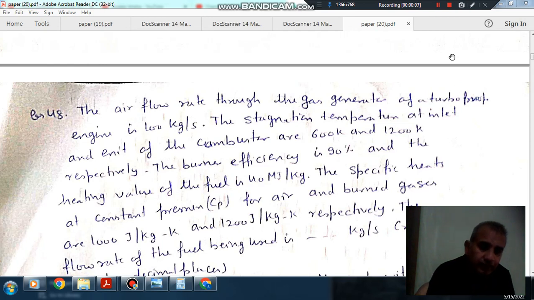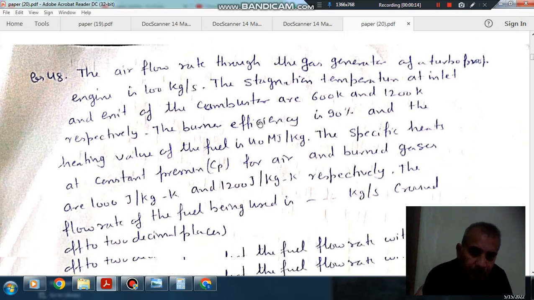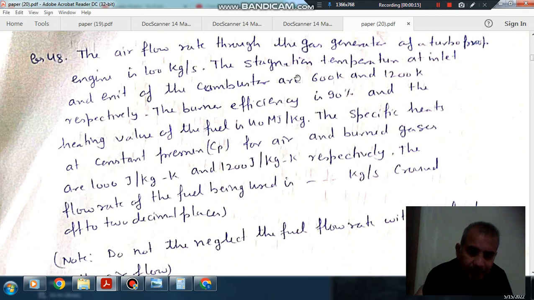Question number 48: the air flow rate through the gas generator of a turboprop engine is 100 kilogram per second. The stagnation temperature at inlet and exit of combustor are 600 Kelvin and 1200 Kelvin respectively.